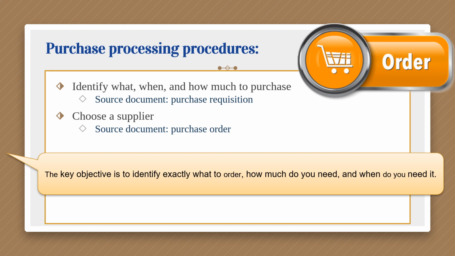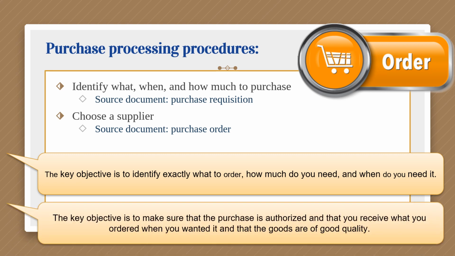Those are the main questions to be asked by the purchasing or procurement department. The key objectives are also to make sure that the purchase is authorized and that you receive what you ordered, when you want it, and that the goods are of good quality. So we need to ensure those things.